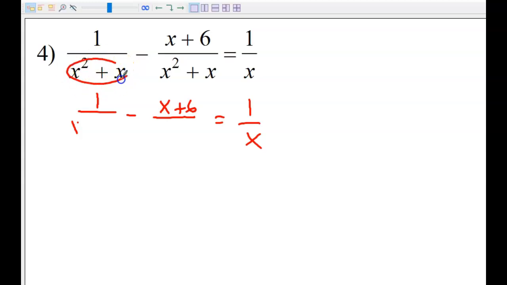So here, the way you factor this, though, is that's a difference of squares. That's not a difference of squares, sorry. That's a GCF problem. So I'm going to take out an x. Take out an x, this is what you have. The last one doesn't factor. And now I'm going to multiply everything by that denominator.